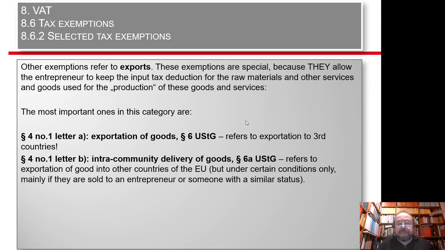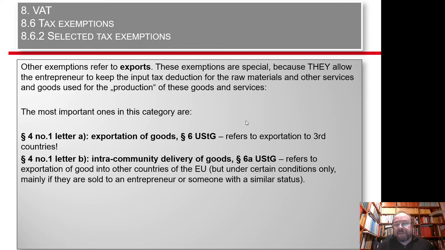And if you send something to other states of the EU, it will then be tax-free under certain circumstances as an intra-community delivery of goods, regulated in the German text of 6a UStG. And these conditions can be explained plain and simple.